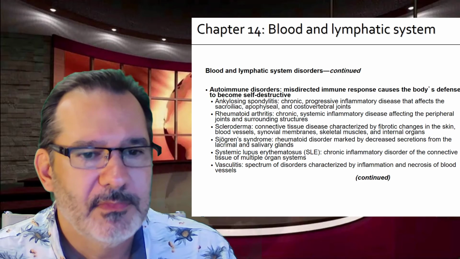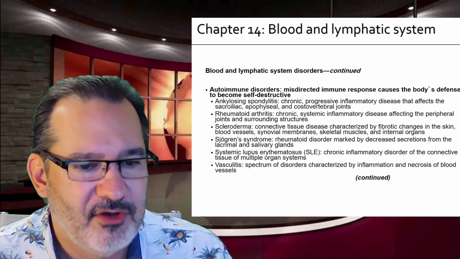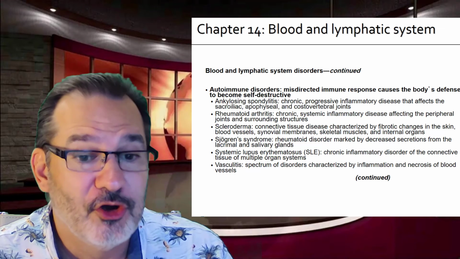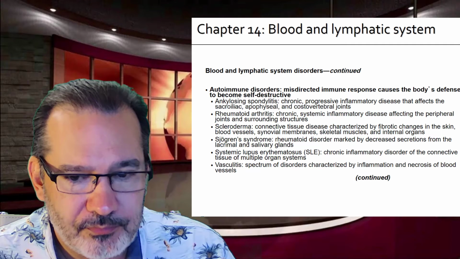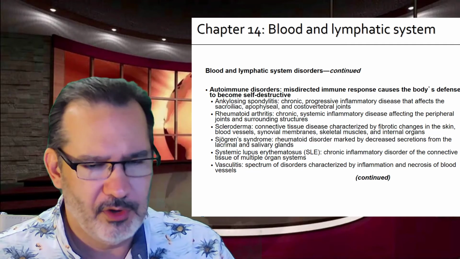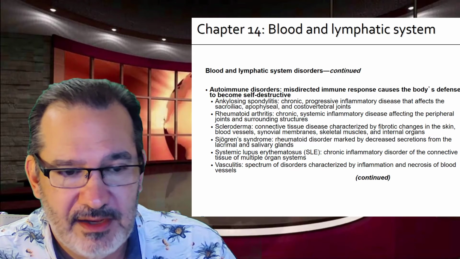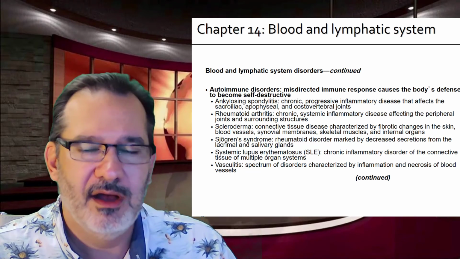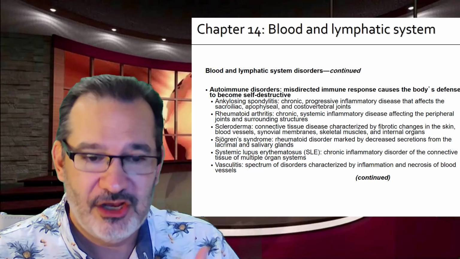Okay. Different autoimmune disorders, rheumatoid arthritis, we've already kind of talked about. Scleroderma, where the connective tissue, for the most part, in the skeletal muscles and internal organs, hardens. The fibrous makeup of these things can harden or change.